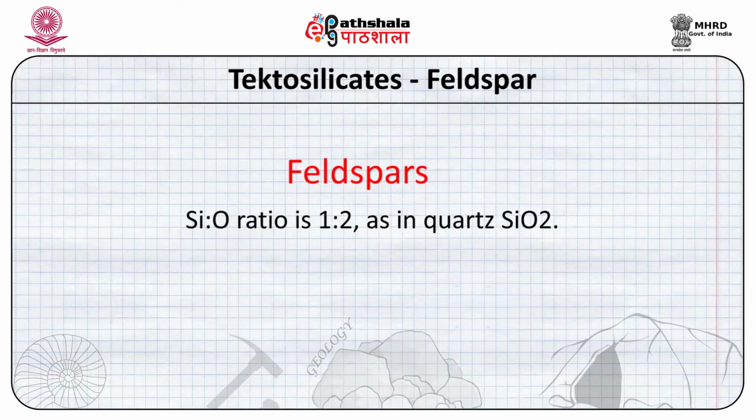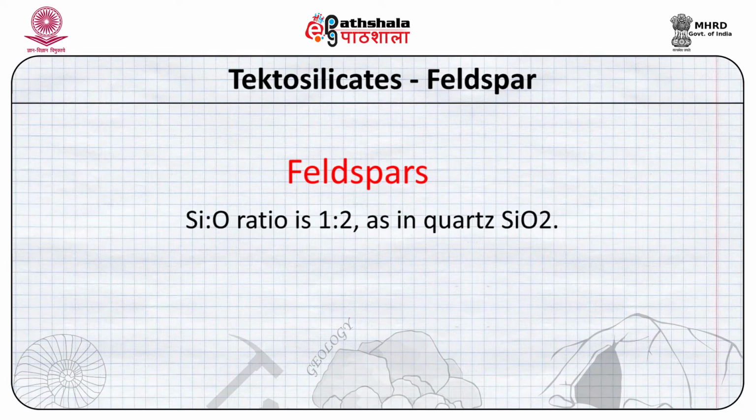The feldspars constitute a part of tektosilicates. Now, tektosilicate is the kind of silicon tetrahedra structure where all the corner oxygens of the tetrahedra are shared by other tetrahedra. This leads to a typical silicon to oxygen ratio of 1:2.